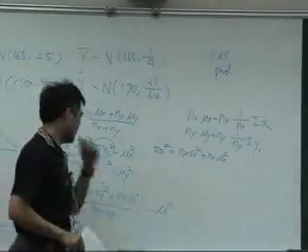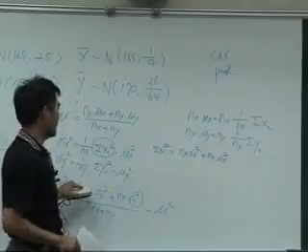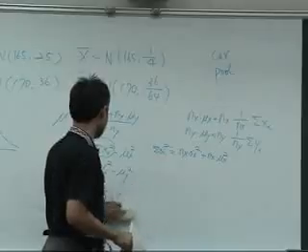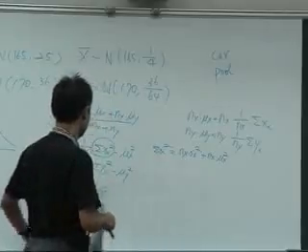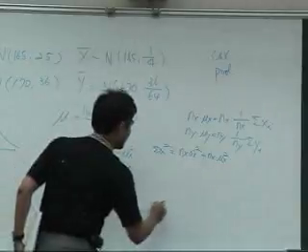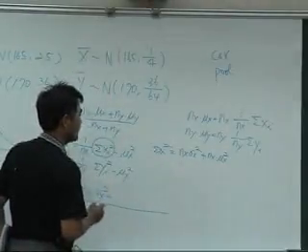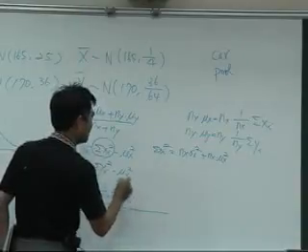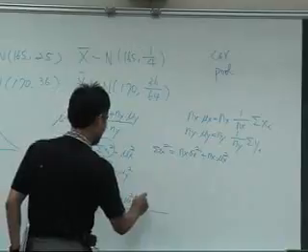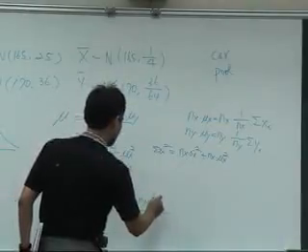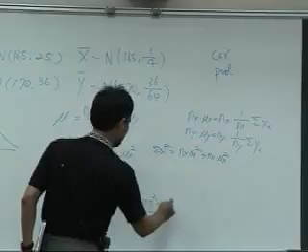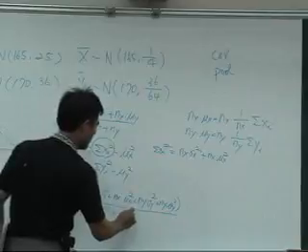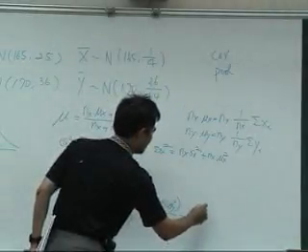So basically what you need is nx times sigma x squared, plus nx times mu x squared, and then plus ny times sigma y squared plus ny times mu y squared, and then divided by nx plus ny, minus mu squared.